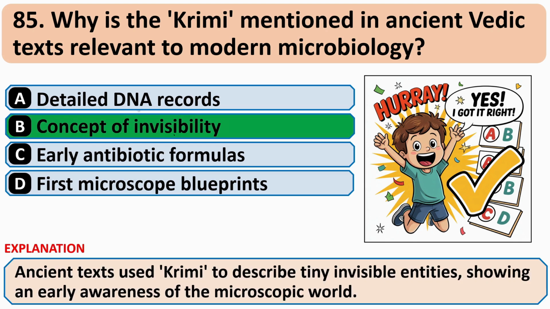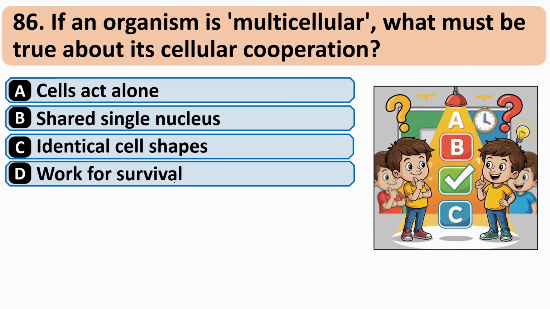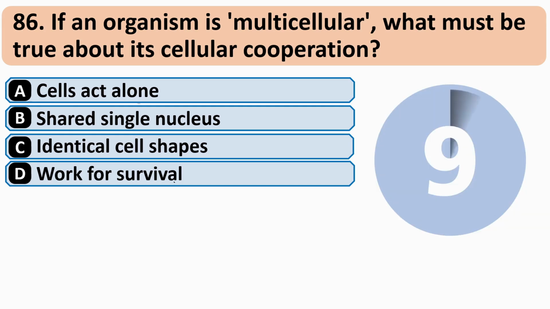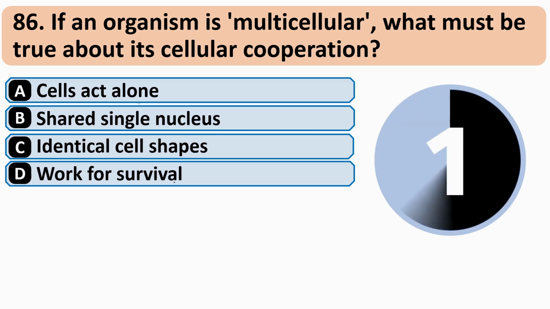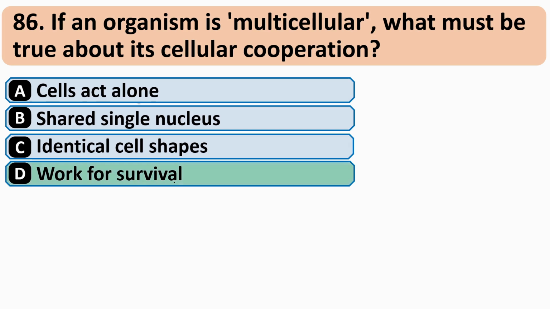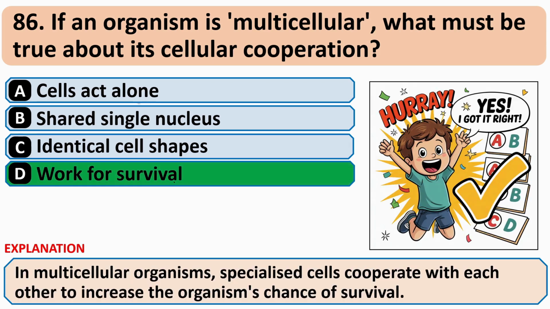And correct answer is B, concept of invisibility. If an organism is multicellular, what must be true about its cellular cooperation? And correct answer is D, work for survival.